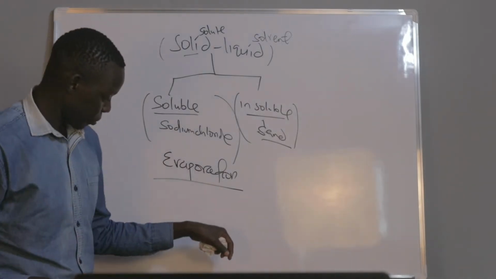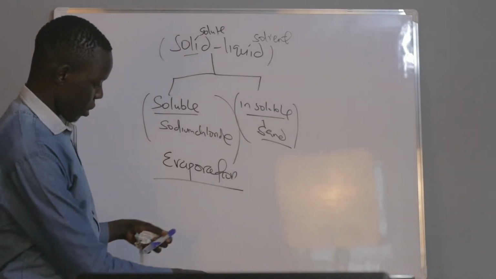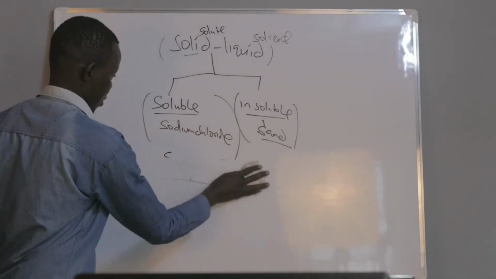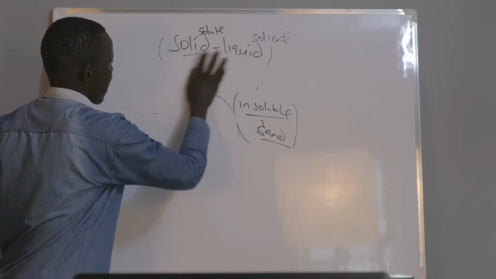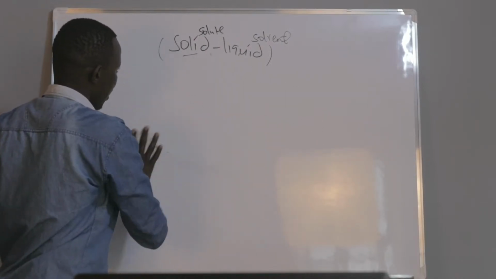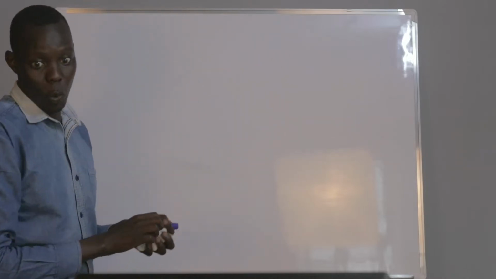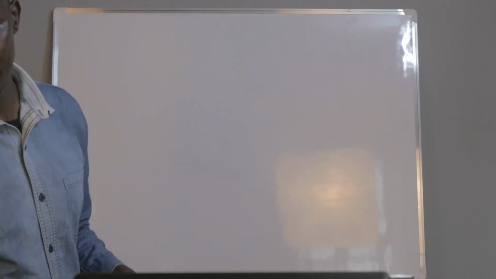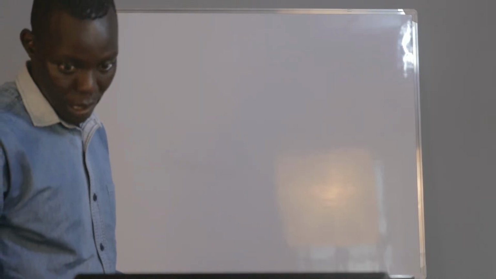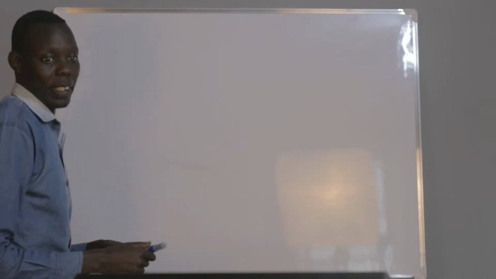So I'm saying I want to give you a question. Describe the process on how to separate the following. For those following on YouTube, make sure you answer this question. How do we separate the following?